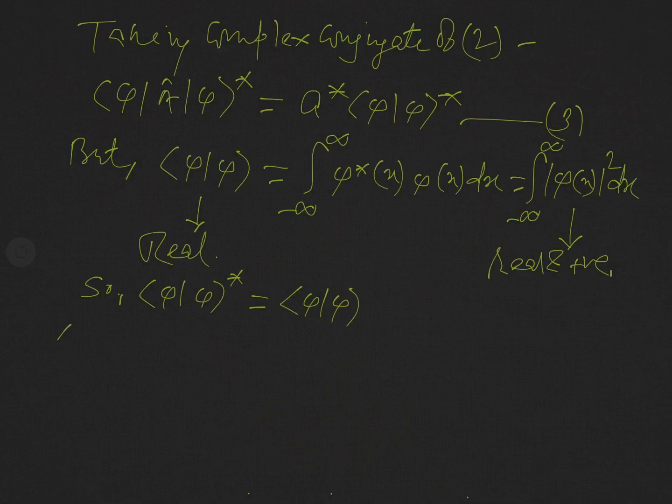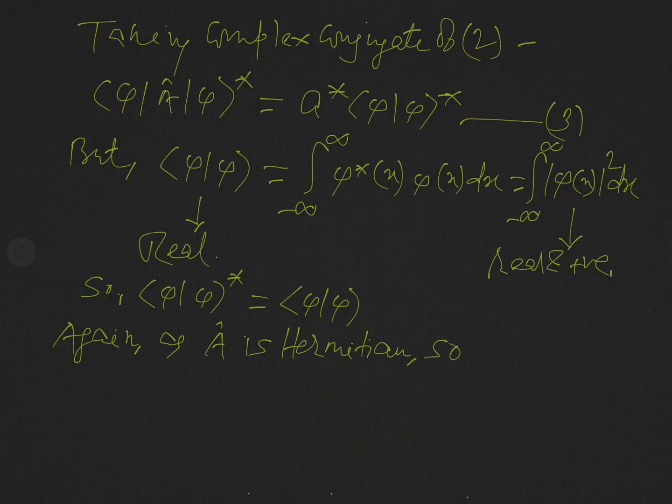And again, as A hat is Hermitian, and we have just now learned that if A is Hermitian, then psi 1 A hat psi 2 star is equal to psi 2 A hat psi 1.